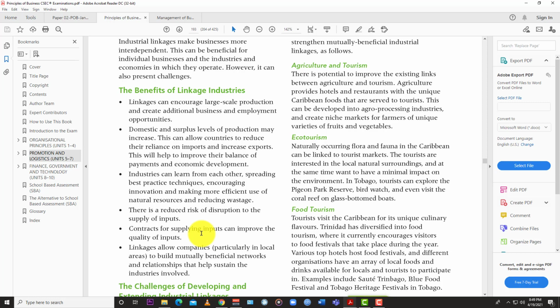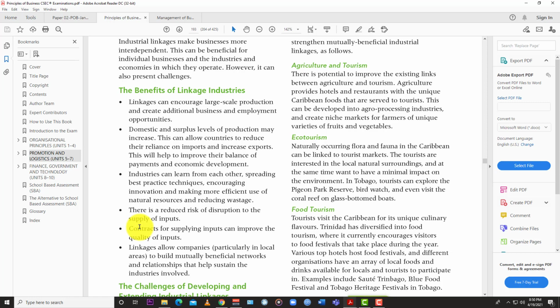And so you can say that a backward linkage can reduce importation, and so that can help money stay within the country. You can reduce importation if you can source these things from a company on the ground. And so that would be a good advantage for you as a producer, meaning that you don't have to go overseas to try and get any of your raw materials. So all those are benefits of having a backward linkage with some other company.